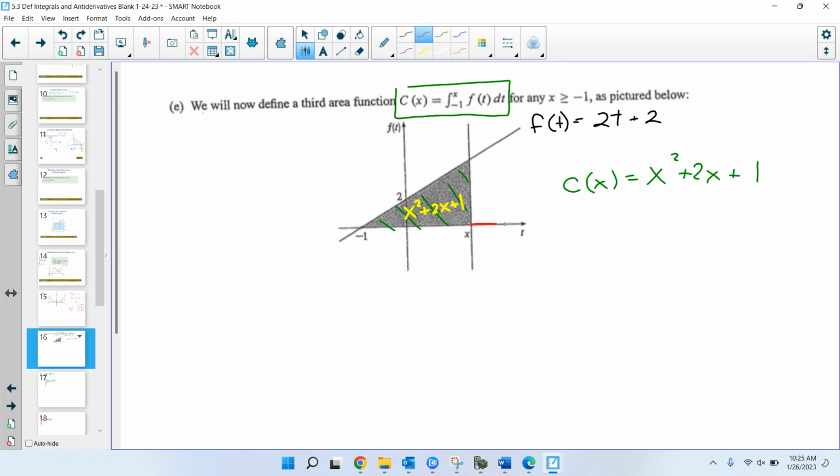What if x slides out to 5? What's the area? 5 squared plus 2 times 5 plus 1. Does it work? Yeah, because this is an area function. The area from -1 to x, -1 to 5, will give me that area.